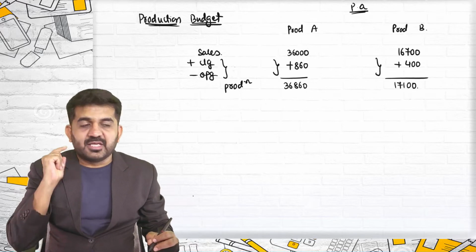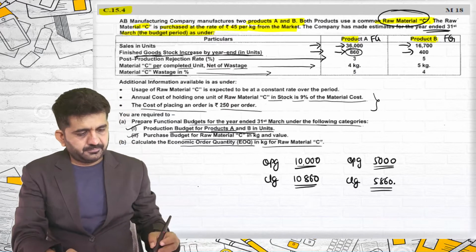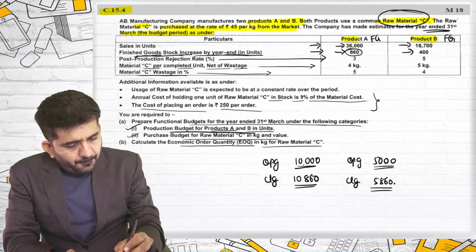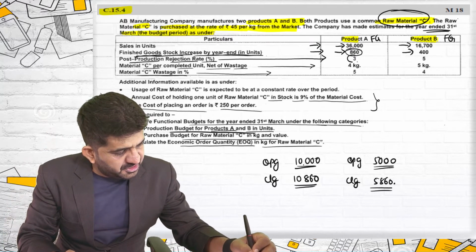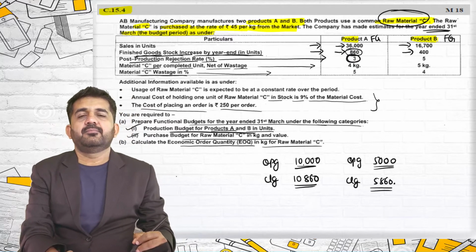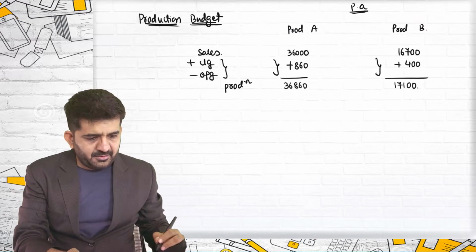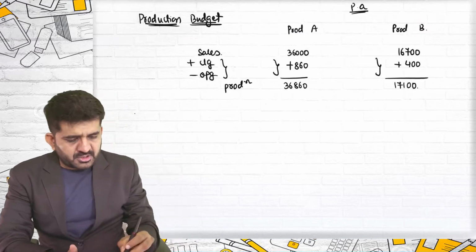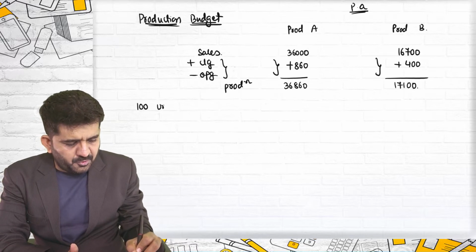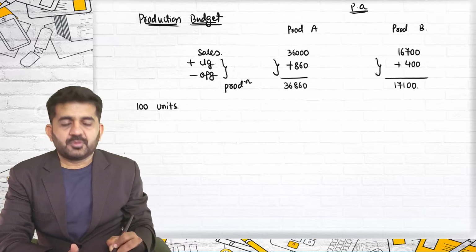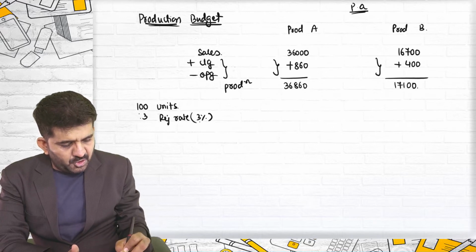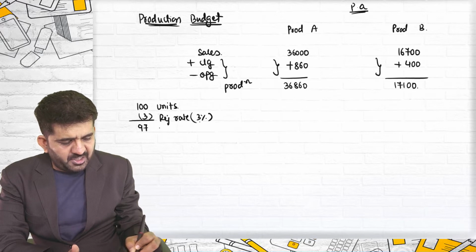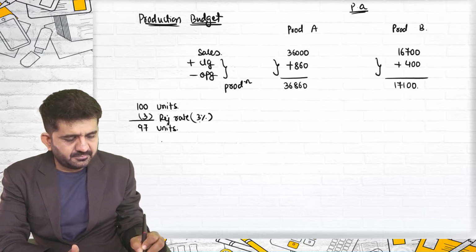But there is one problem. Concentrate. Post production rejection rate percentage is 3%. What does it mean? If you start manufacturing 100 units, your rejection rate will be 3% and you will be able to manufacture only 97 units.